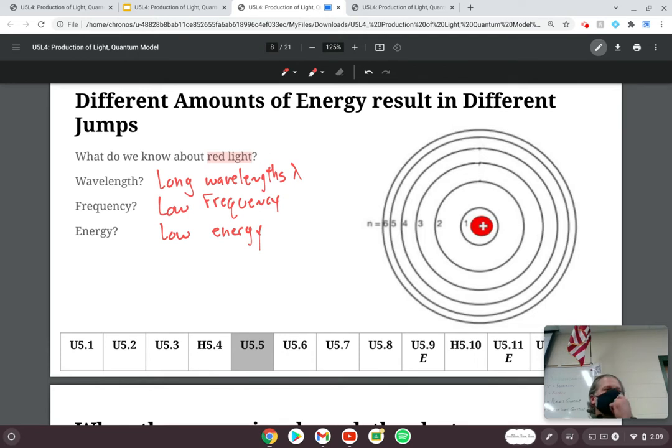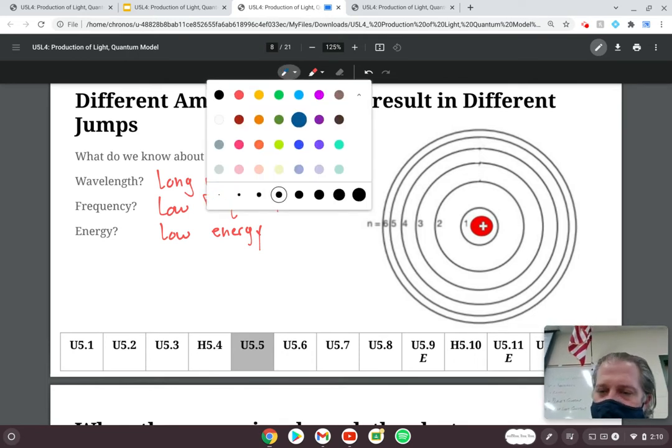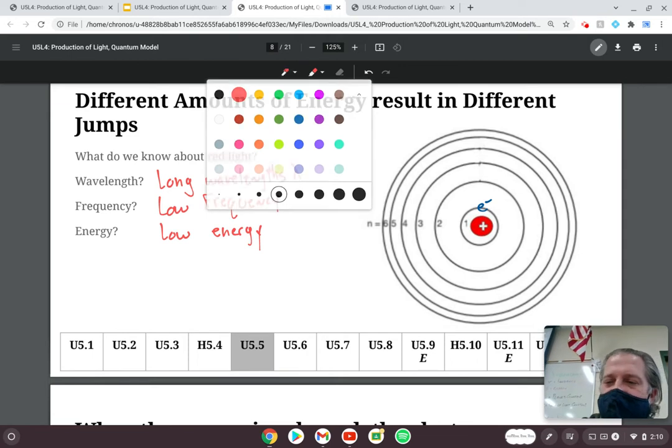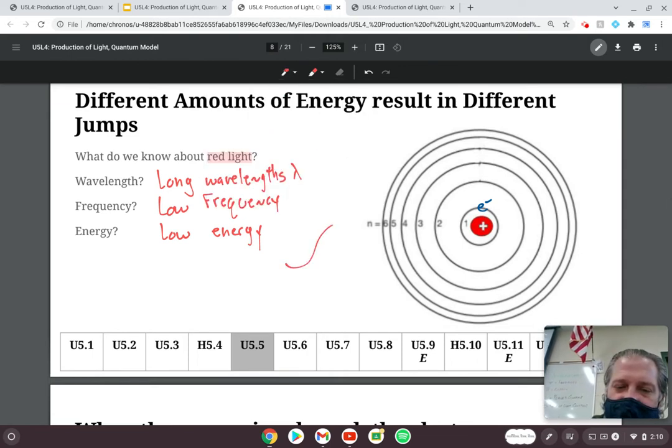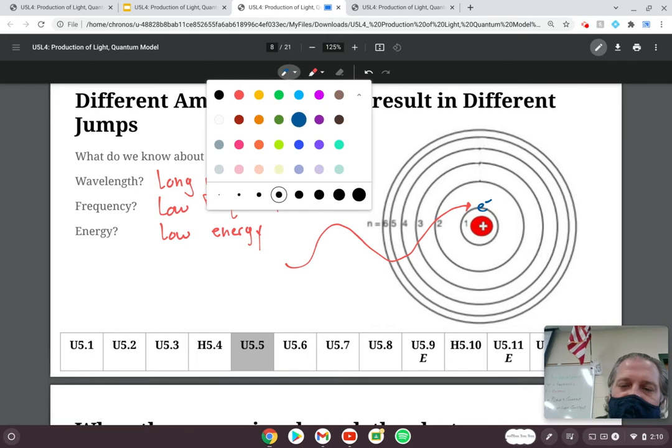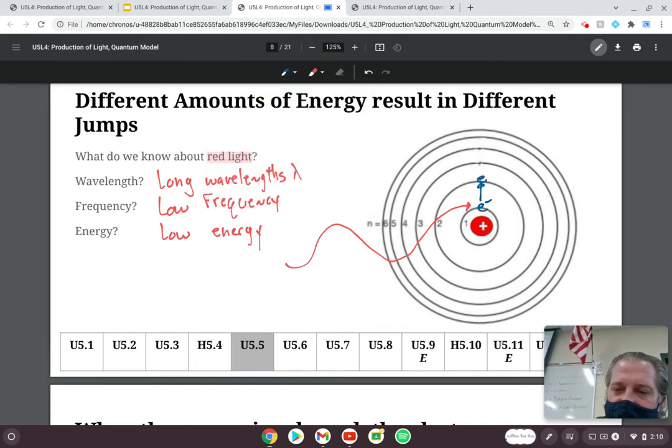Now, in this instance, if I have my electron at its ground state, right, and I add a photon of energy where the wavelength is really far apart and the frequency is really, really low, that electron will really only jump up a short distance.